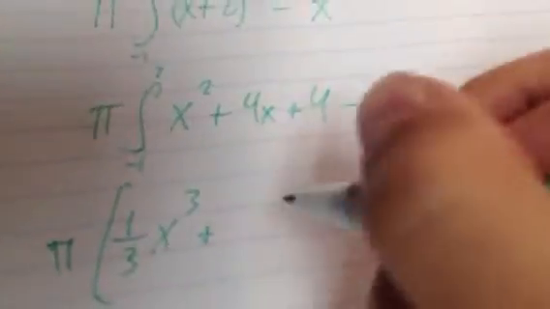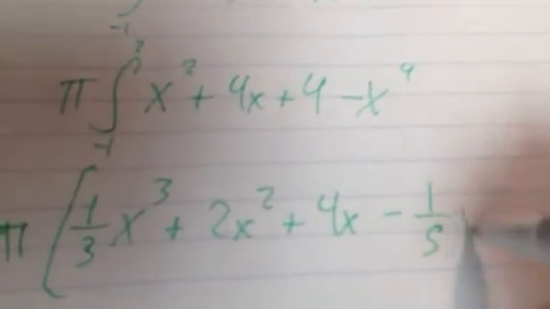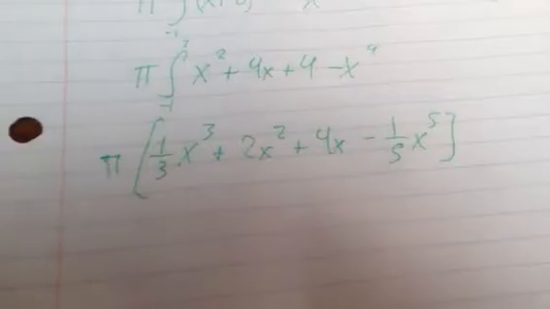And let's just put this in brackets. So I'm going to have our pi outside. Plus x squared times a half is going to be 2x squared. Plus 4x minus a 5th x to the 5, basically. So this is our integrated function.